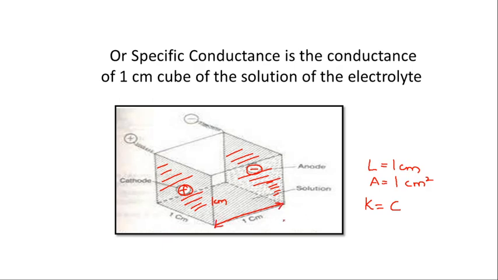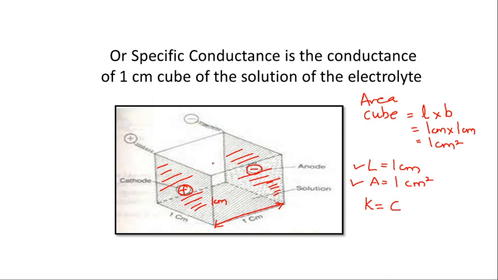And what is the area of a cube? Area of the cube is length into breadth. Length and breadth are the same, so it is 1 centimeter by 1 centimeter, so it is 1 centimeter square. So when I say length is 1 centimeter and area is 1 centimeter square, it means it is a cube.